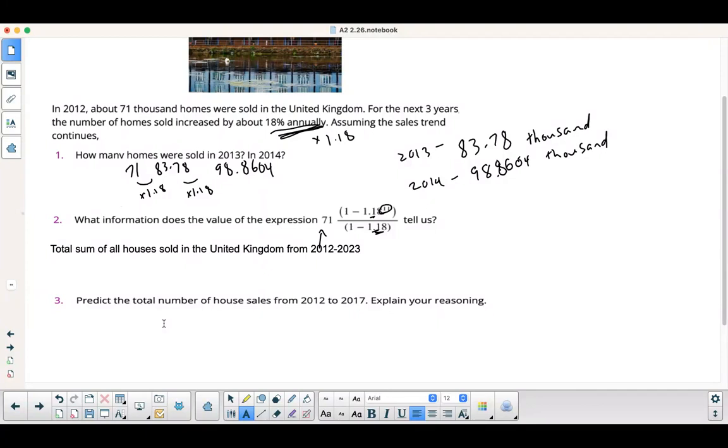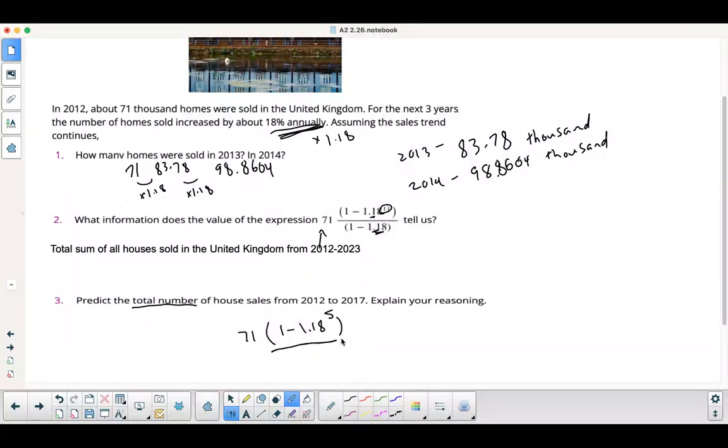All right, predict the total number of house sales from 2012 to 2017. Explain your reasoning. So the key word there is the total. So we've got to sum them all up. Our initial value is still 71, times 1 minus 1.18 to the power of 5, over 1 minus 1.18.